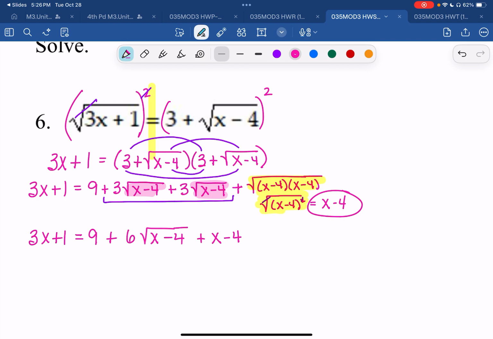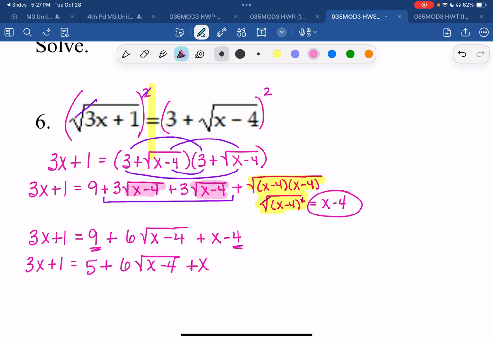Now we can combine some like terms. So 3x plus 1. I can combine my 9 and my minus 4. So that's going to leave me with 5 plus 6 square roots of x minus 4 plus x. So remember at the beginning when we had our steps and I said if you still have a square root after you do the first time, we're just going to do it a second time.